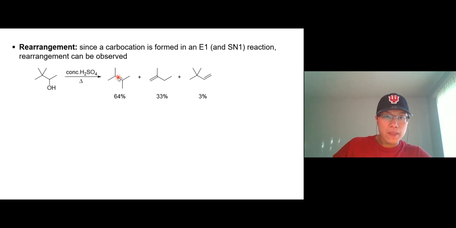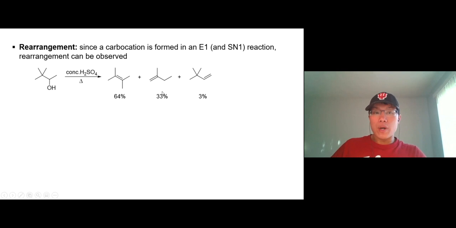Got a double bond here, here, and there. If you analyze the structure of the alcohol, this is going to be a leaving group, and the beta hydrogen is right here. We should be able to form just that double bond, not right here, not right here, but we observe it. So there's a rearrangement in there.